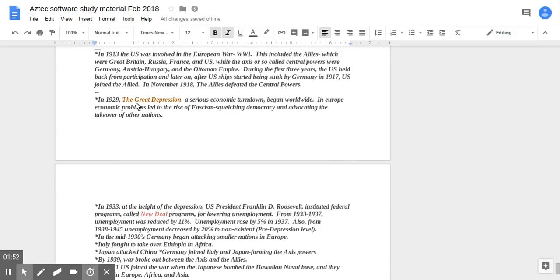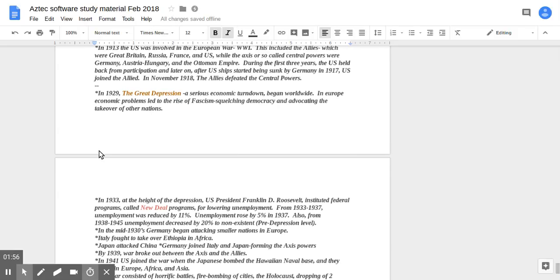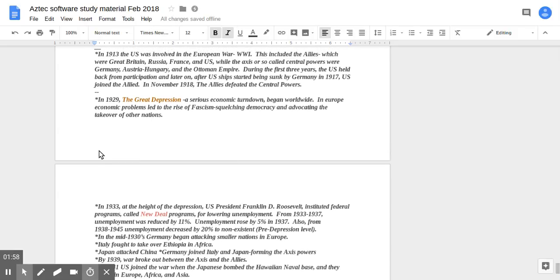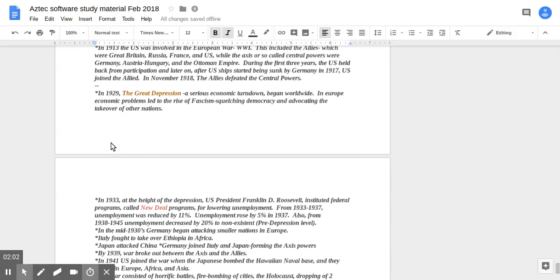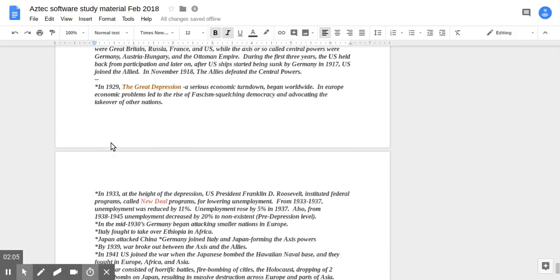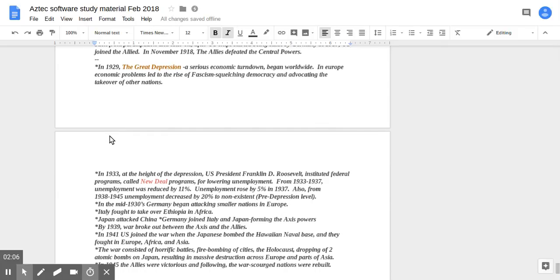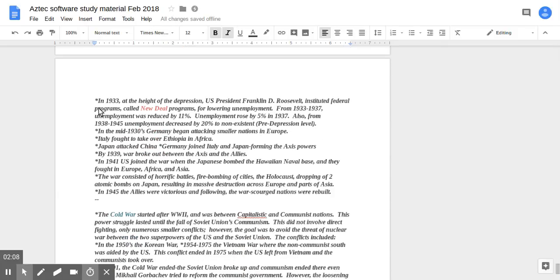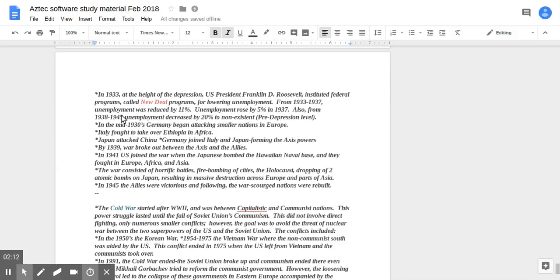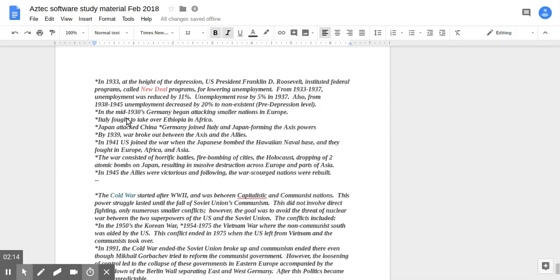In 1929, the Great Depression, a serious economic downturn, began worldwide. In Europe, the economic problems led to the rise of fascism, squelching democracy, and advocating the takeover of other nations. In 1933, at the height of the Depression, U.S. President Franklin D. Roosevelt instituted federal programs like the New Deal, which were intended for lowering unemployment.